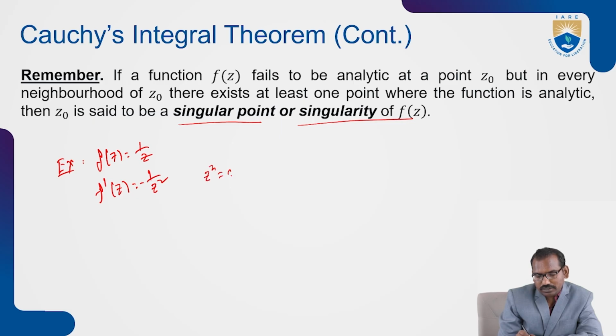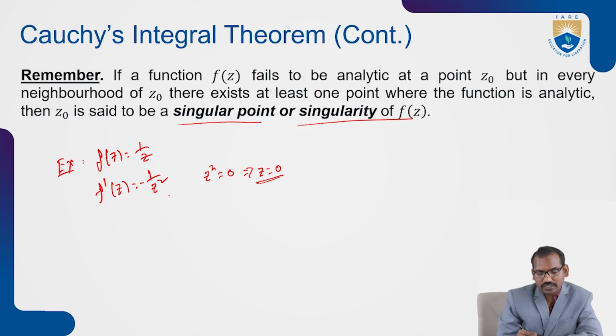Setting z square equal to 0, you will have z value 0. So at z equal to 0, the denominator will be 0. Whenever the denominator is 0, the function does not exist, meaning the derivative does not exist. So at z equal to 0, the derivative does not exist.